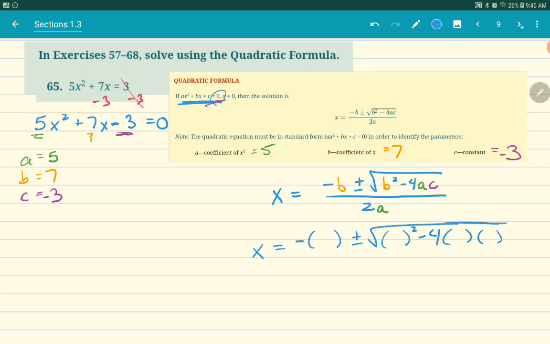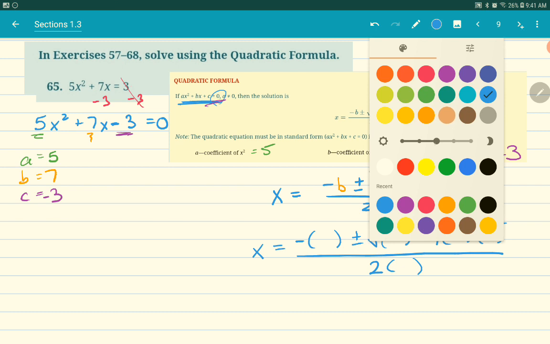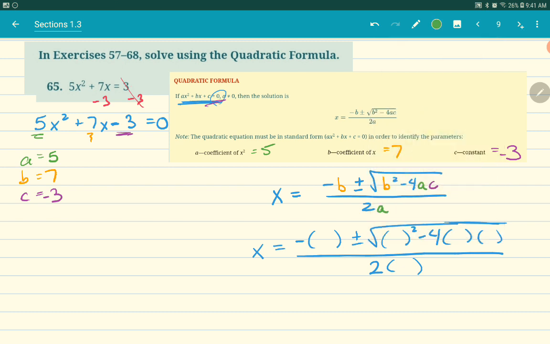Make sure my square root goes over the whole thing and all over 2 times A. All right, so I'm going to plug in my A first. That's in green. So that was a 5. So plug in my A here and an A here. And then plug in my B's, which is a 7 here and a 7 here. And my C, which is a negative 3.